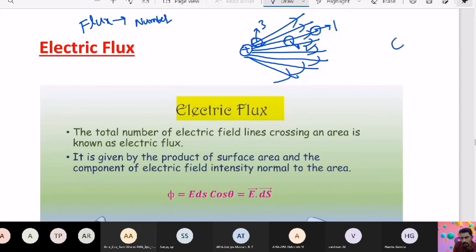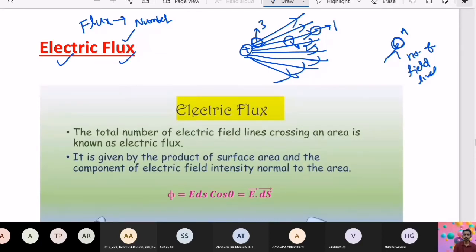So when you consider a particular area, how many field lines pass through that area, that we call flux. Flux means a quantity, a number. So what flux are we defining here? Electric flux.